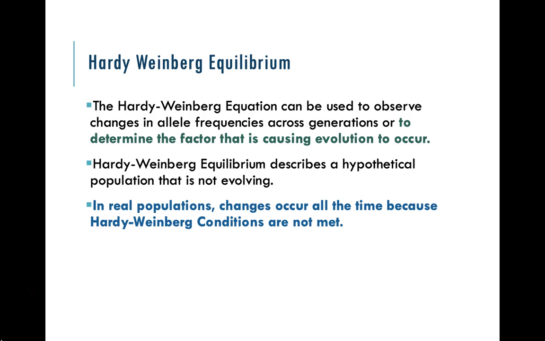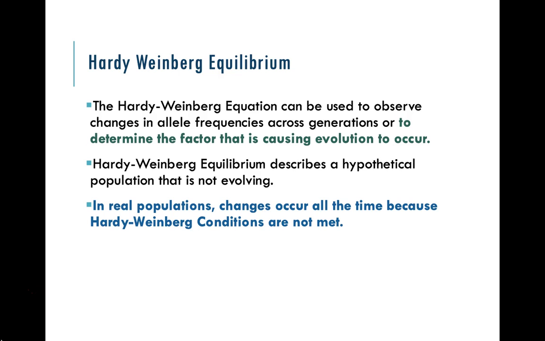So the Hardy-Weinberg equilibrium is a set of conditions that say that when a population is not experiencing any of these conditions, they are not evolving. But it can also be used to calculate the allele frequencies in a population.